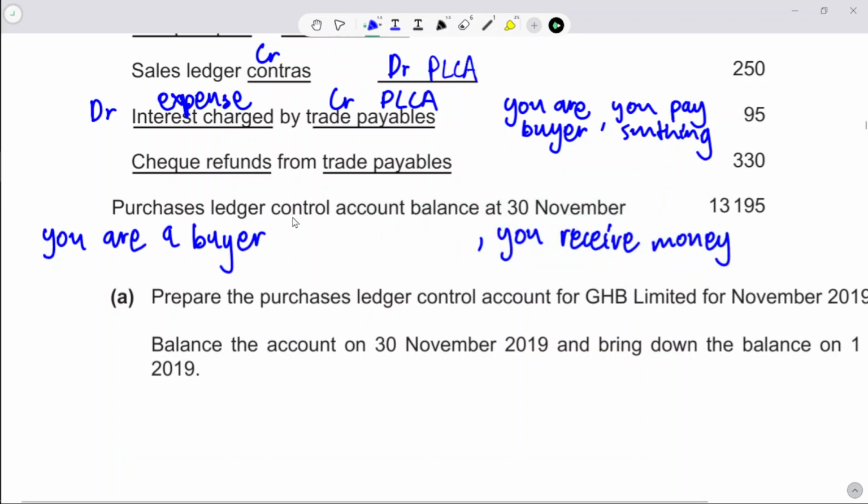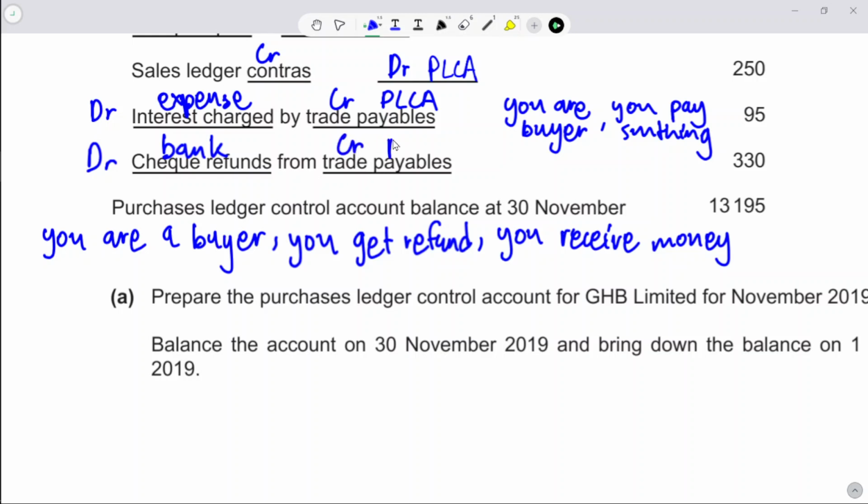Okay, you are a buyer. You get refund, so you receive money, so you debit it. Okay, so this one cheque is bank, then debit one, so another one will be credit. This one trade payable will be PLCA.